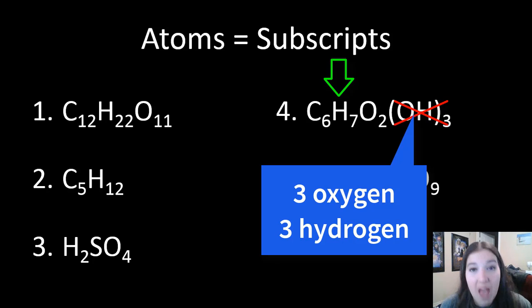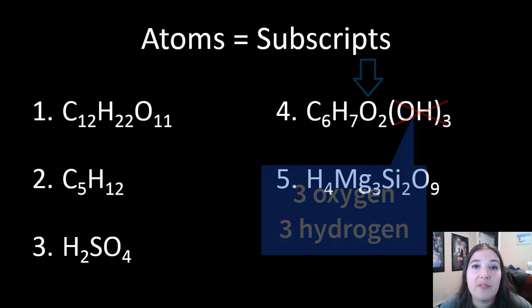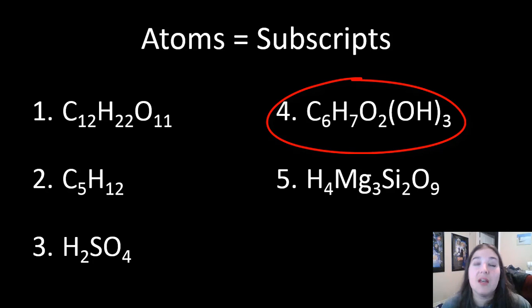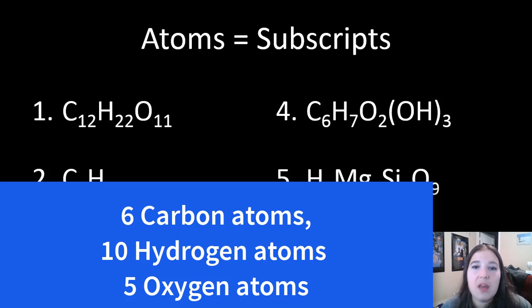I have a total of 10. And if I have 3 oxygens inside the parentheses and 2 outside the parentheses, how many total? I would add them up to get 5. So in this compound, I have 3 elements, carbon, hydrogen, oxygen, with 6 carbon, 10 hydrogen, and 5 oxygen.